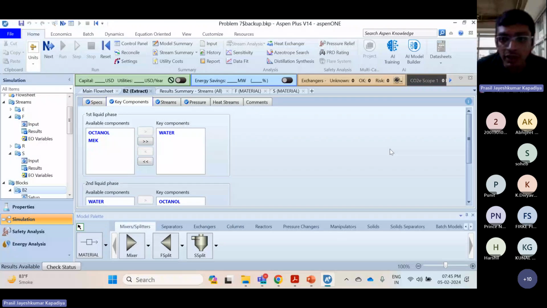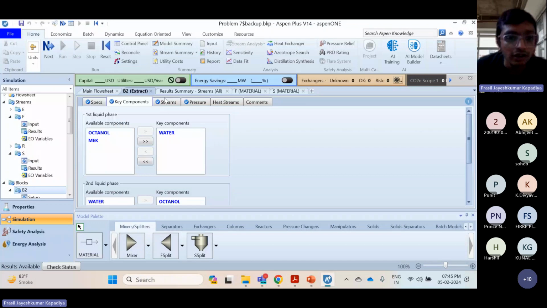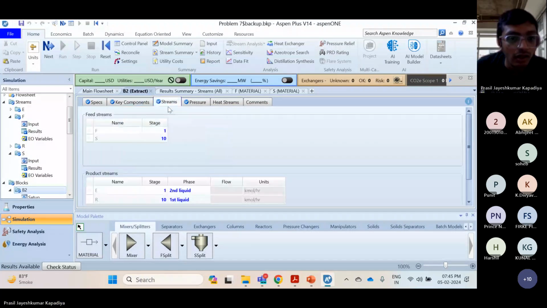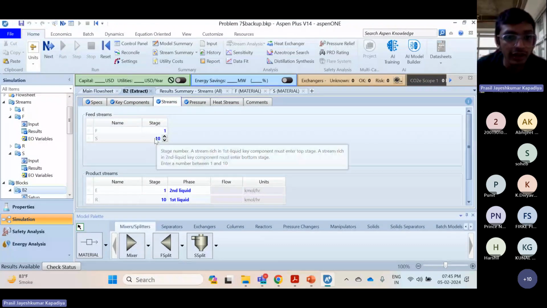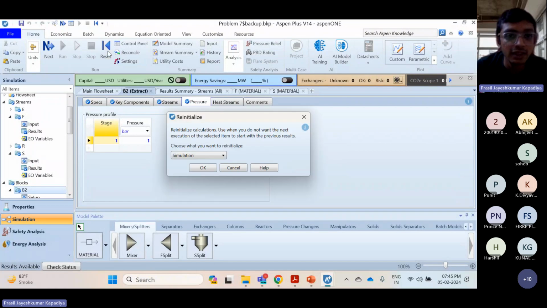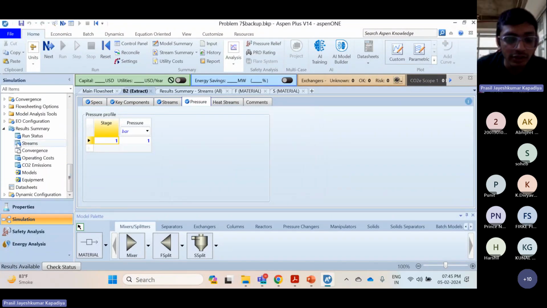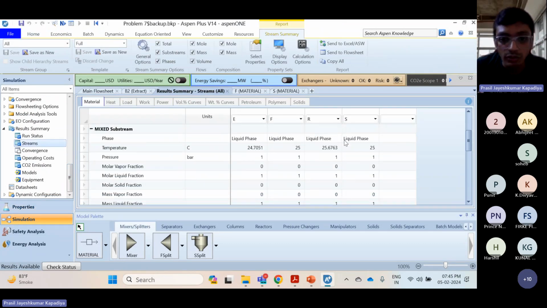I guess there's an issue here. The first liquid phase is taking water. It should not be like that. One is the water-rich phase and one is the octanol-rich phase. Then feed enters at stage 1 and solvent at 10, so this is counter-current operation. Pressure 1 bar. I am not running it again, else it will not run.